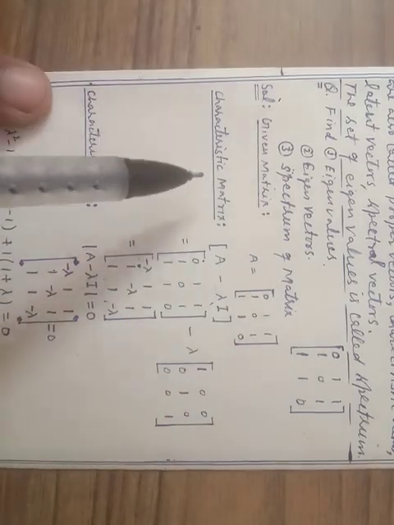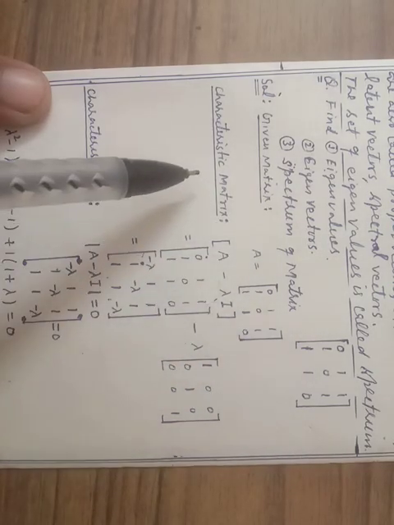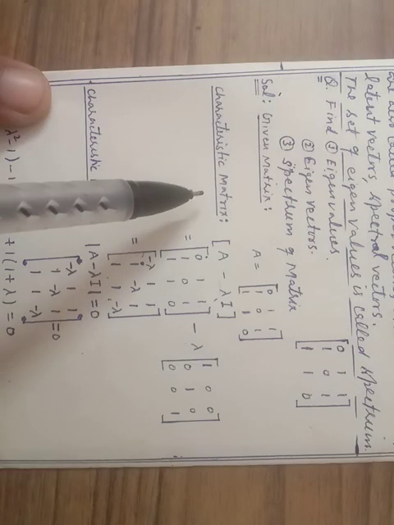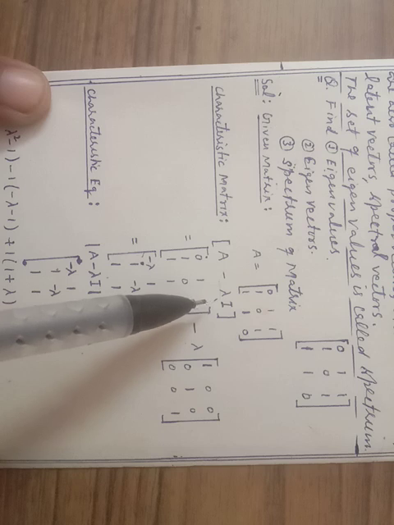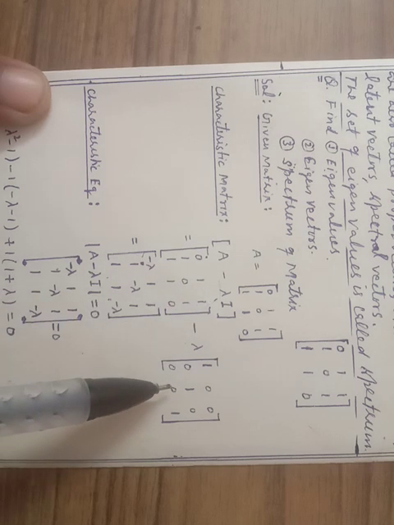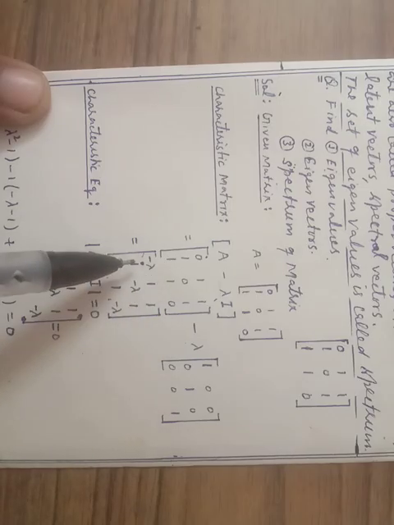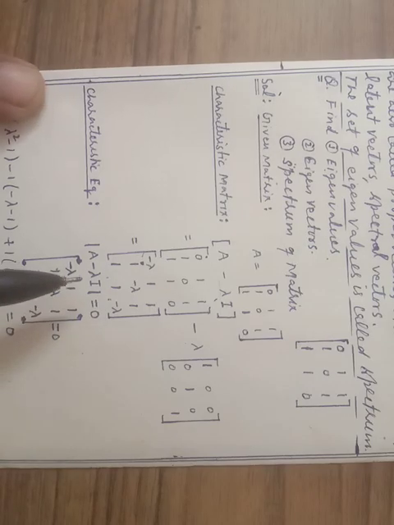Solution. First of all, let this matrix be A. The characteristic matrix formula is A minus lambda I. Put values here: A minus lambda I gives minus lambda 1 1, 1 minus lambda 1, 1 1 minus lambda.